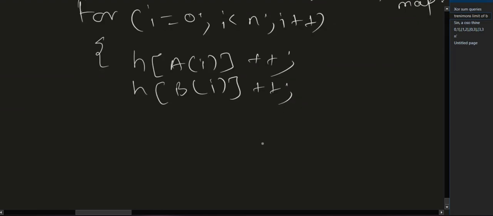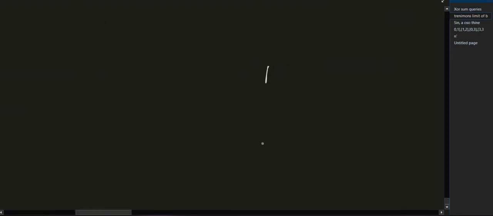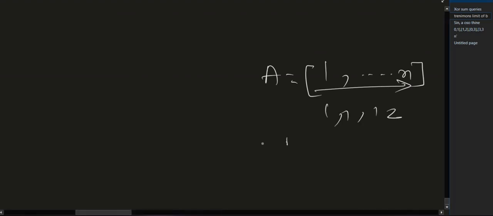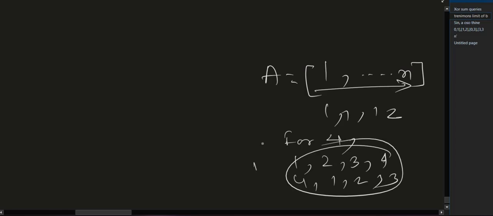And as the given arrays are permutations, a permutation means the array contains 1 to n only, in any order. It cannot have 1, 1 in it. Let's take a permutation of 4. The possible combination would be 1, 3, 4, 2, or 4, 1, 2, 3, like this. The array cannot contain 2 once and then 2 twice. It can only contain it once.